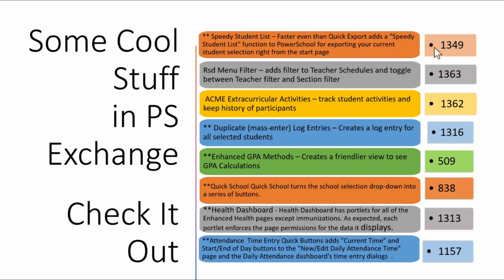The numbers over here on the right are the number you can use to search for this in PowerSchool Exchange. It's the ID number for that customization. The RSD menu filter is the one when I was talking about course section filter, our course section filter.